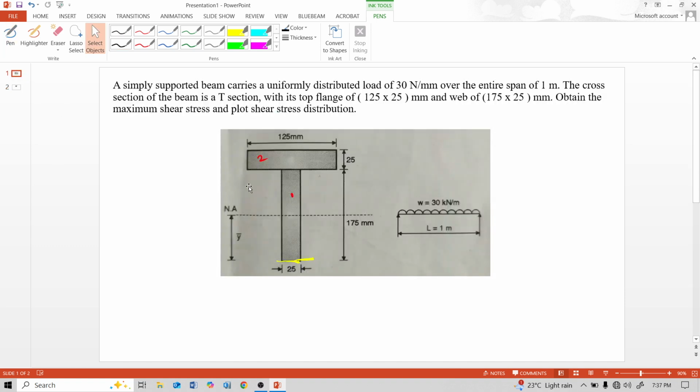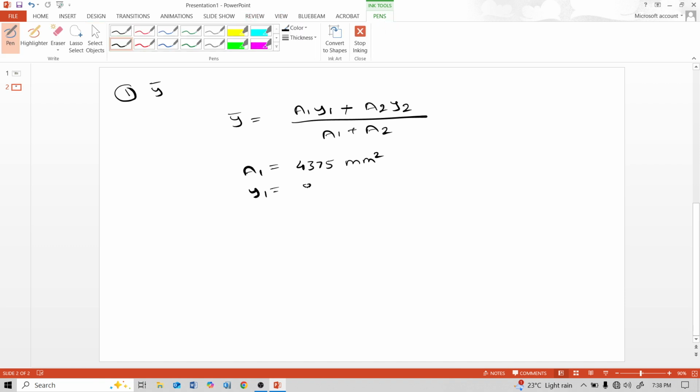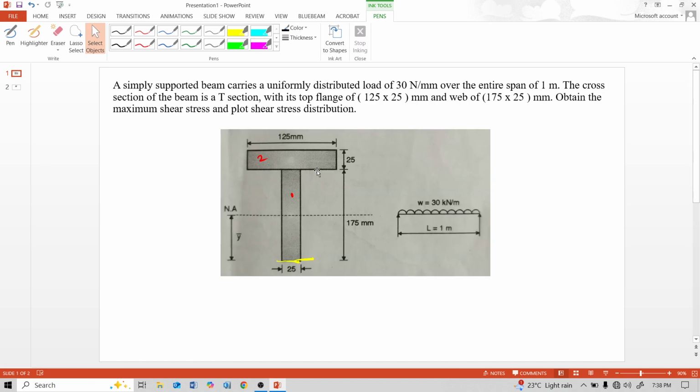Y1 is 175 divided by 2, 87.5 mm. A2 is 125 multiplied by 25, 3125 mm square.